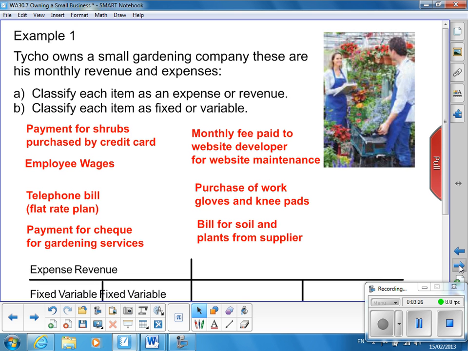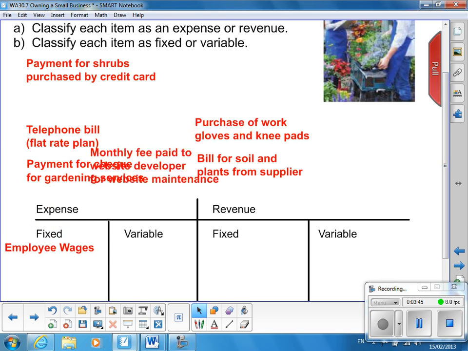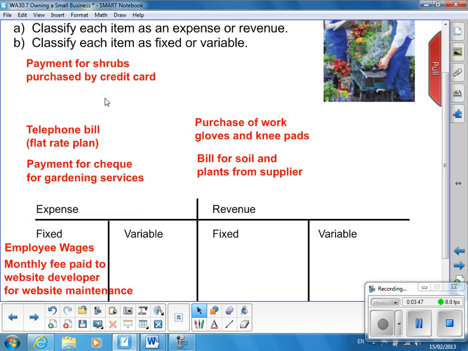All right, we're going to take a look at a gardening company and its monthly revenue and expenses. Classify each as an expense or a revenue and as fixed or variable. Okay, so employee wages would be a fixed expense. Monthly fee paid to a developer would also be a fixed expense.